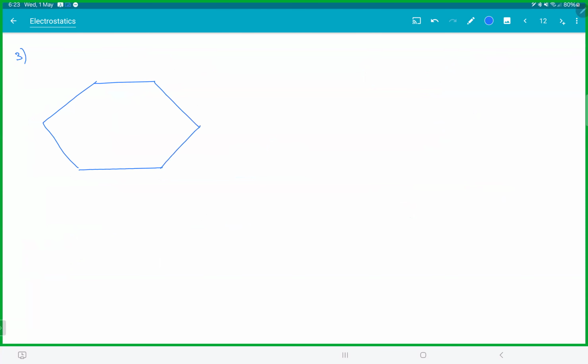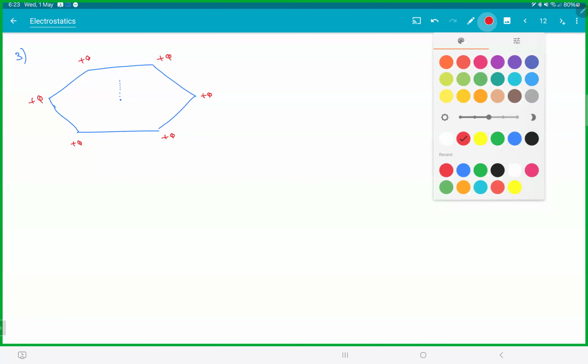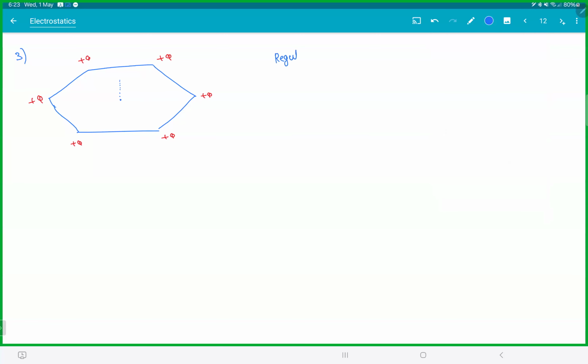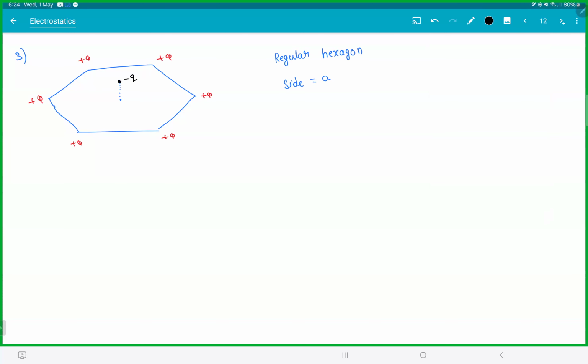So we have a hexagon. How do I draw this? So there are plus q, plus q, plus q, plus q, plus q, and plus q. There are 6 positive charges. This is a regular hexagon of side a. And here you have a charge minus q at a height of y from the center.